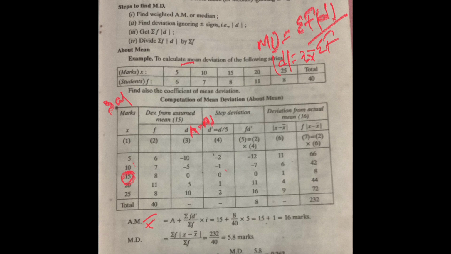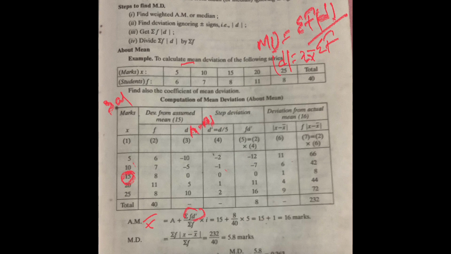Now we need f d dash according to the formula. 6 into minus 2 is minus 12, 7 into minus 1 is minus 7, 8 into 0 is 0. Likewise we find the rest.